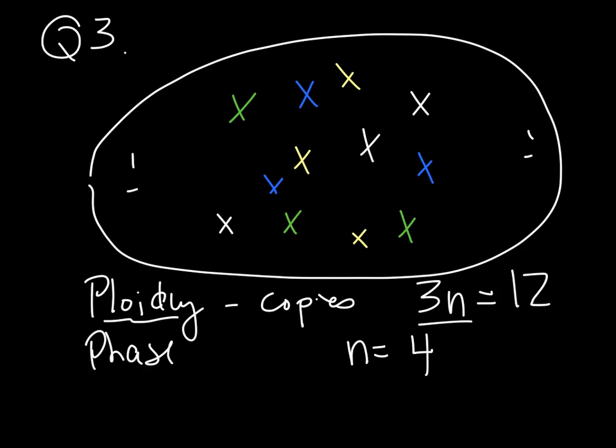What phase would you say this is in? Well, one of the clues to this is, do you see individual sister chromatids, or do you see duplicated chromosomes with 2 sister chromatids? So you clearly see 2 sister chromatids. So this is before anaphase.